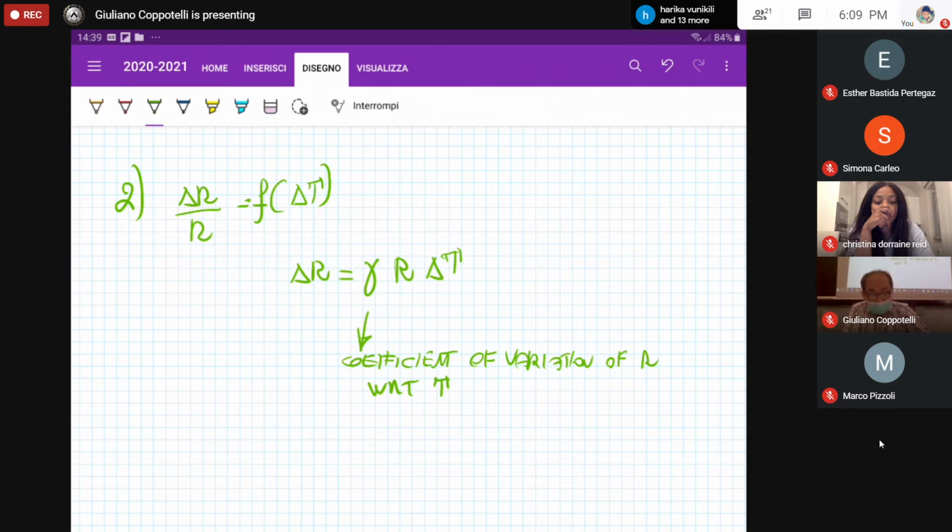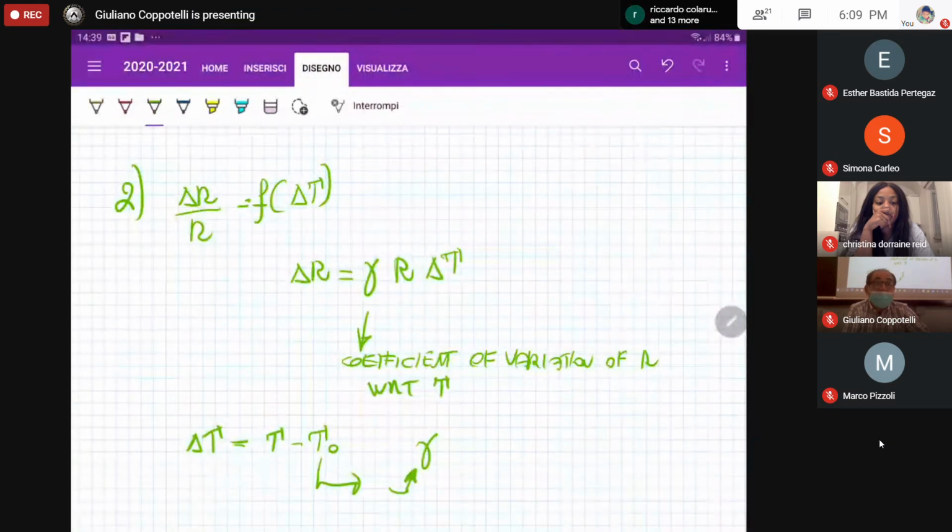So delta T is equal to T negative T0, and T0 is the one that goes together with the gamma. So you have to know what is the reference temperature at which the value of gamma is given.